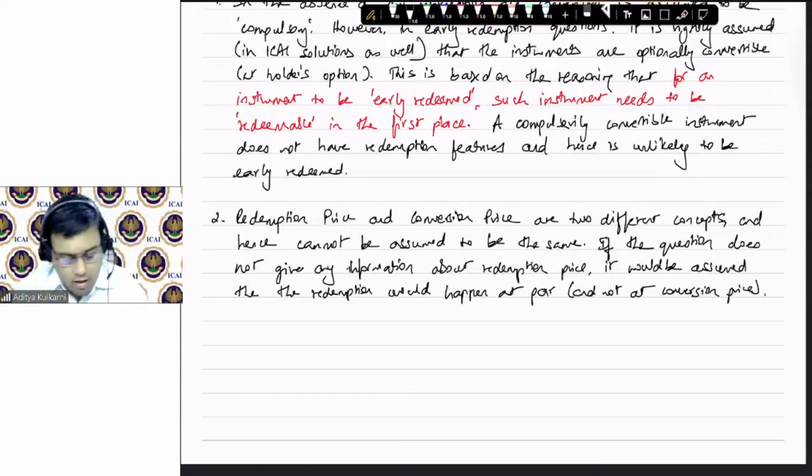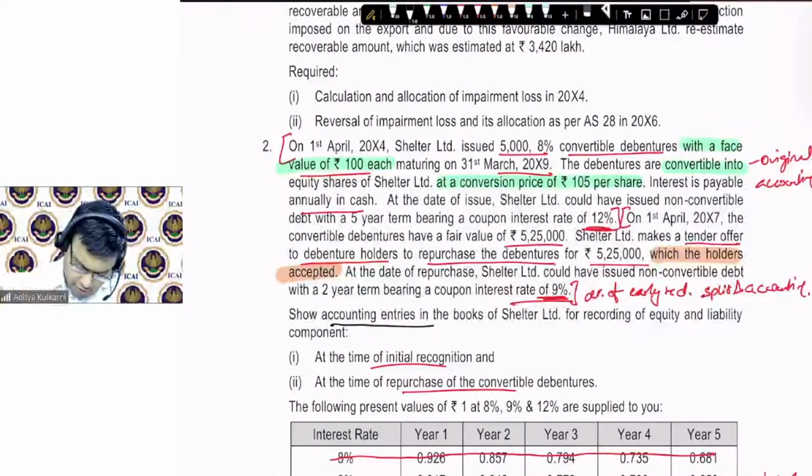We have done the initial recognition part, and then we will proceed to early redemption. On 1st April X7, the convertibles have a fair value of 5,25,000. So the company makes a tender offer to repurchase at the fair value of 5,25,000, which is accepted.